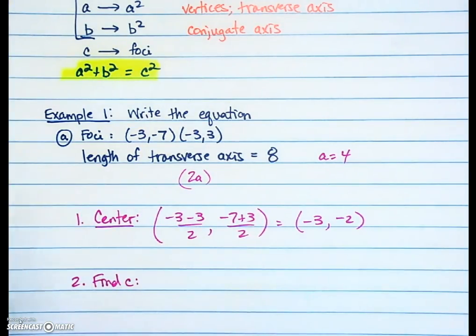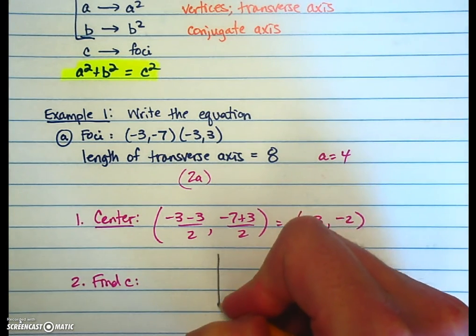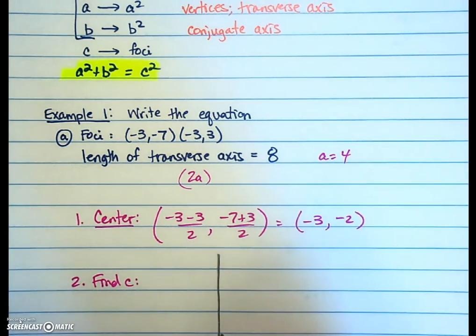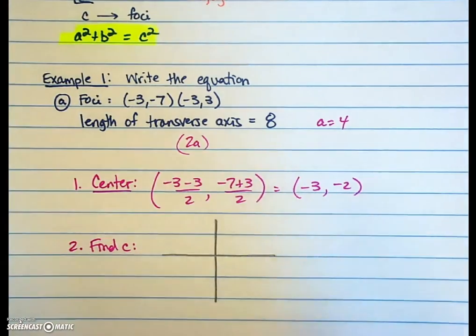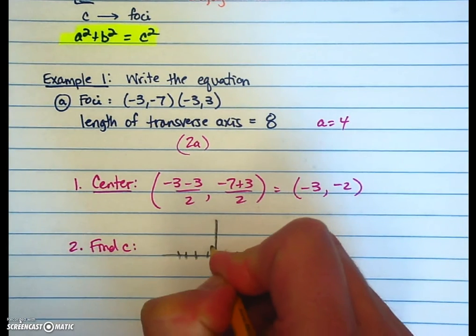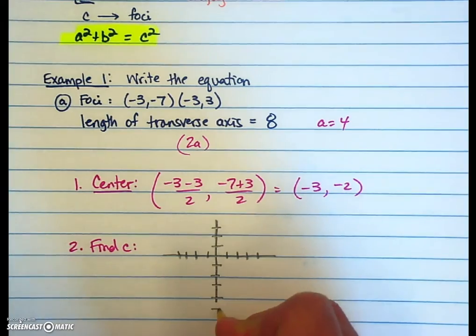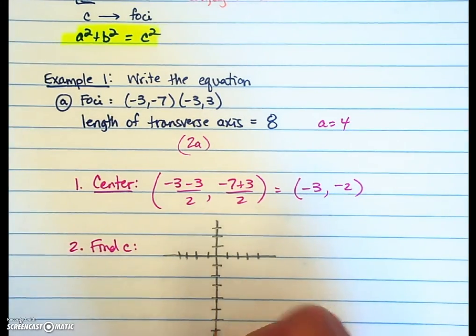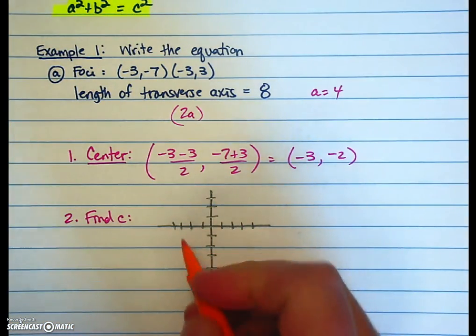And to find C, I'm actually going to plot my points here. Let's see what we've got when we plot this out. So let's see, my focal points, -3, -7.